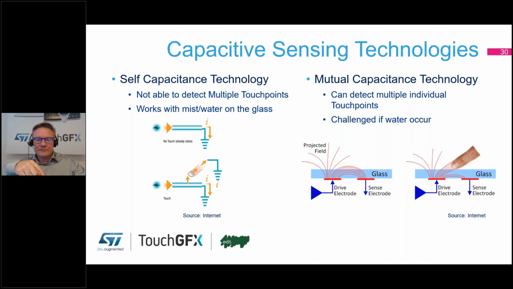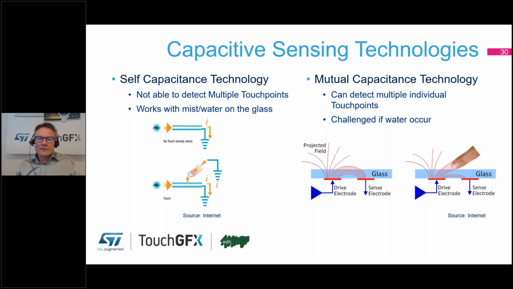You change the electrical field. The self-capacitance actually pulls from that, as you can see on the illustration there. It actually pulls away some of the signal into the ground, and that makes it able to detect a touch even if there is water on the sensor.